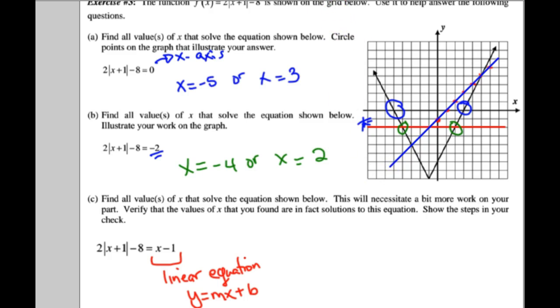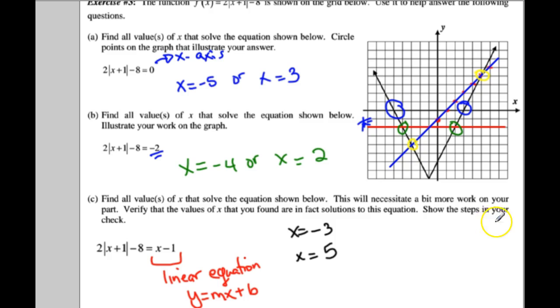So that's what my line looks like. Now I want to see the points of intersection, which I see right here and right there. What are those points? Those answers are x is equal to -3 and x is equal to 5.